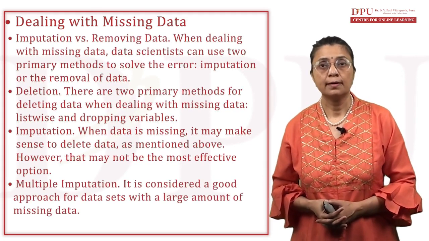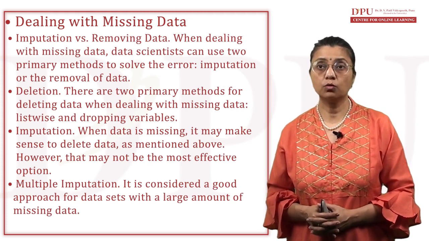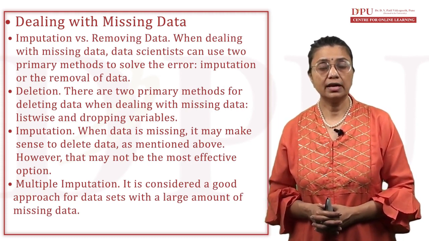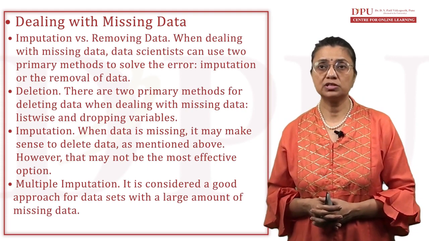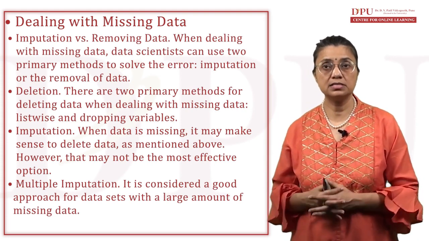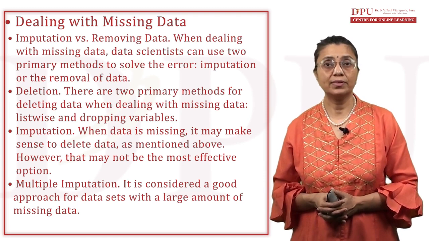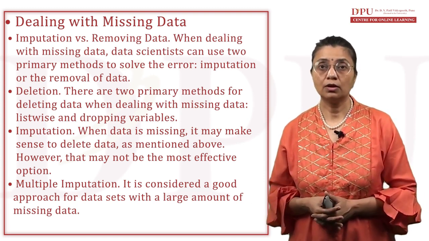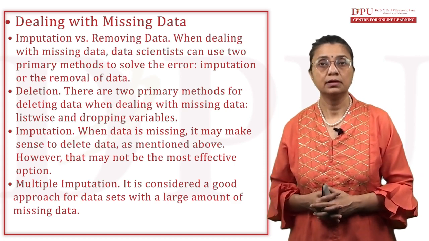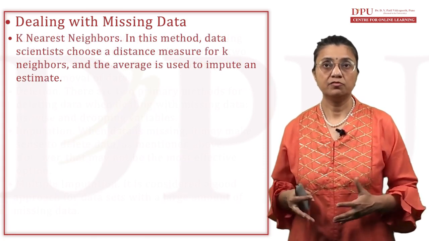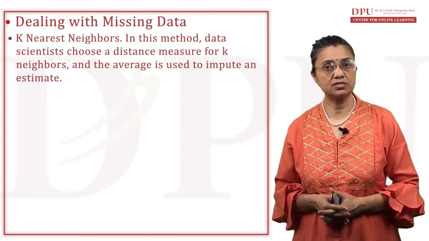Multiple imputation. Multiple imputation is considered a good approach for data sets with a large amount of missing data. So basically, multiple imputation is an approach for data sets when the data is huge. When a lot of data is missing, we can go for multiple imputation. We have a technique called k-nearest neighbors.